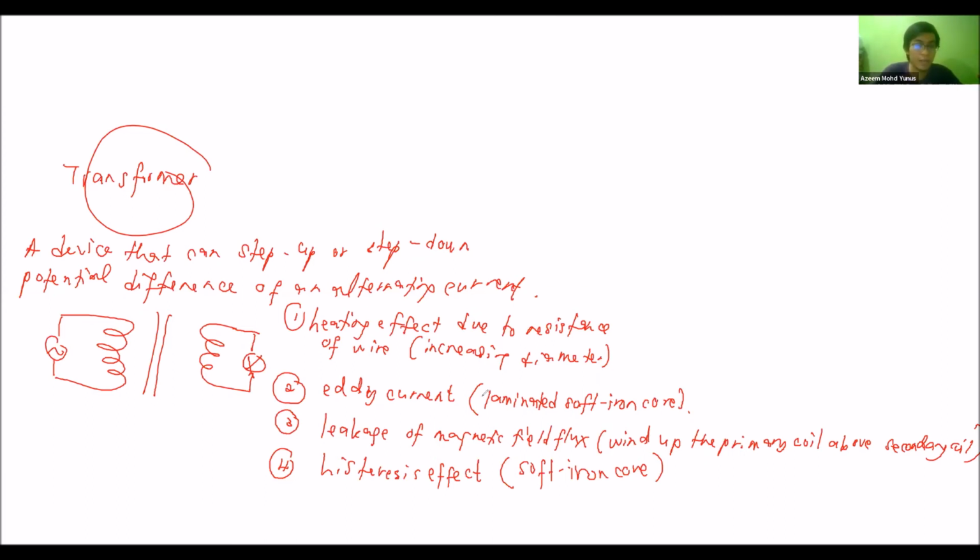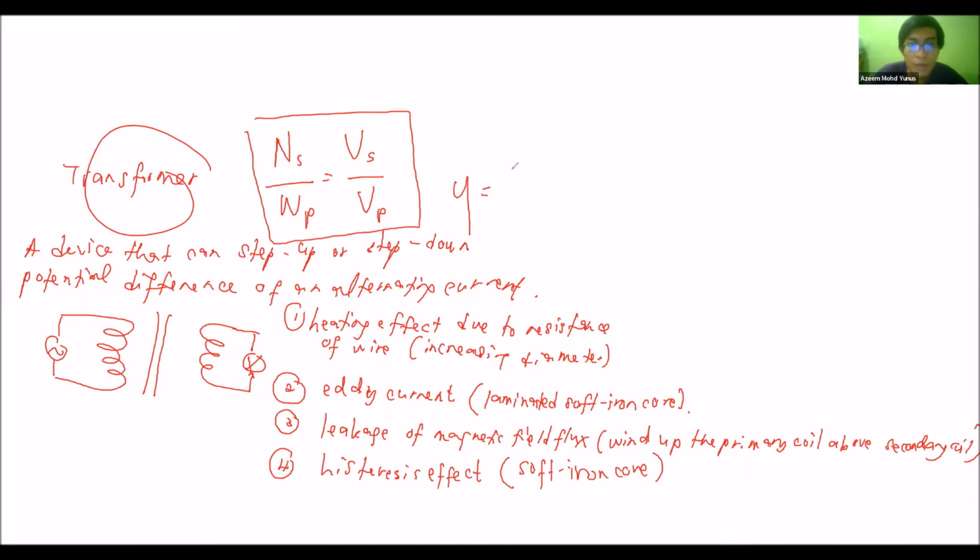Okay, then the formulas. For a transformer, the calculation is basically the ratio. It doesn't matter if you flip Np and Ns, Vp and Vs, but this is very popular. And also we have the efficiency, power output over power input times 100%, which can also be written as secondary over primary.